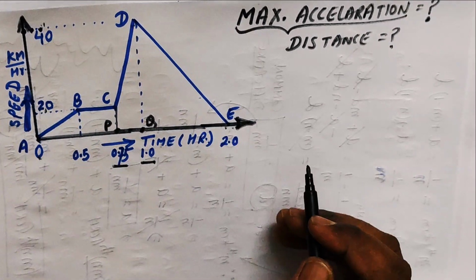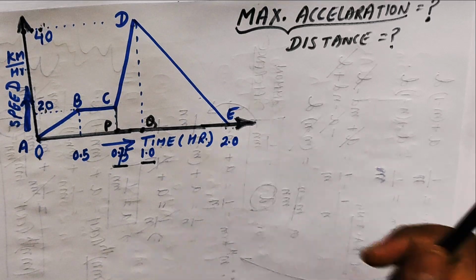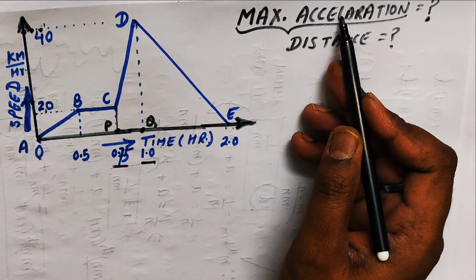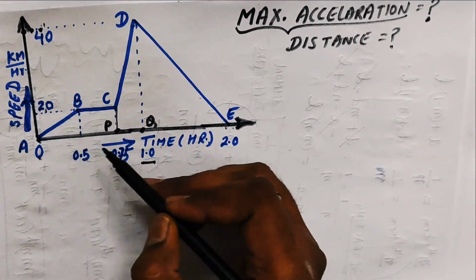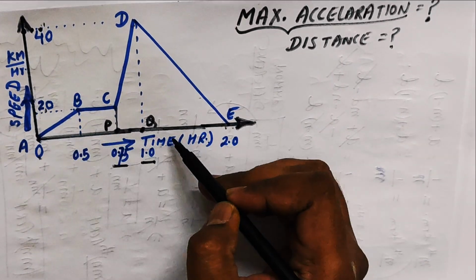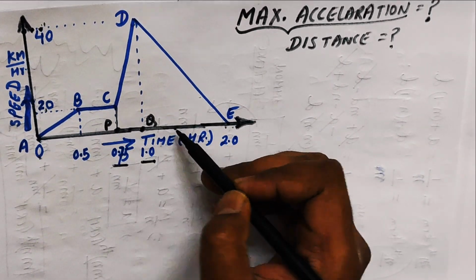Now, it has been asked what is the maximum acceleration? So students, we know that the slope of the velocity time graph, this is velocity, this is time, right?